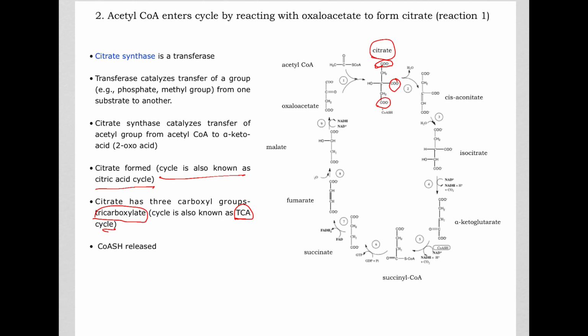Krebs cycle, citric acid cycle, TCA cycle, they are all different names for the same cycle. This reaction also releases coenzyme A. Now remember, coenzyme A comes from a vitamin, and so this coenzyme A can later be used in reaction number 5.